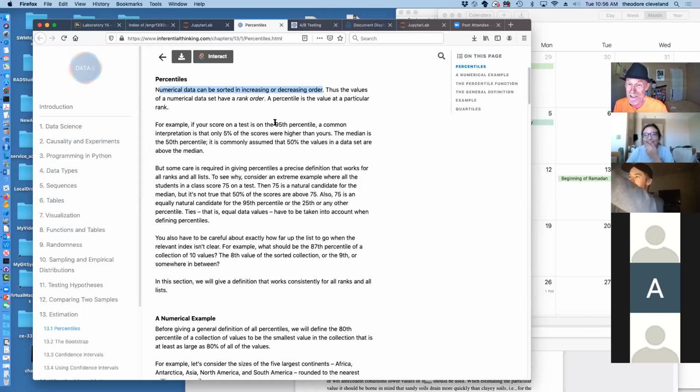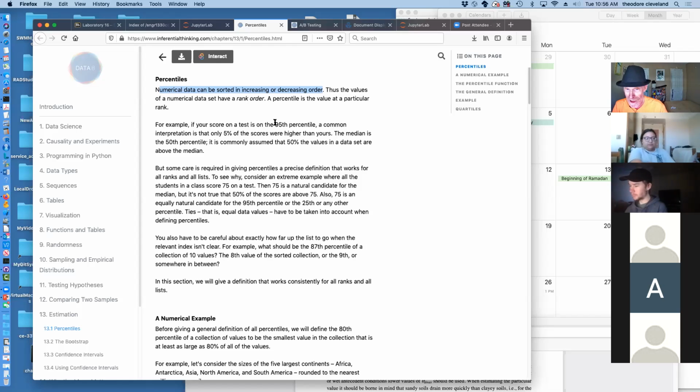And the percentile is the value at a particular rank. For example, if your score on a test is the 95th percentile, a common interpretation is that only 5% of the scores were higher than yours. The median is the 50th percentile. It's commonly assumed that 50% of the values in the data set are above the median, 50% below.